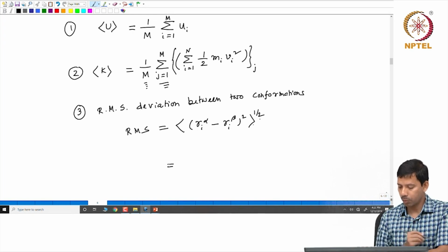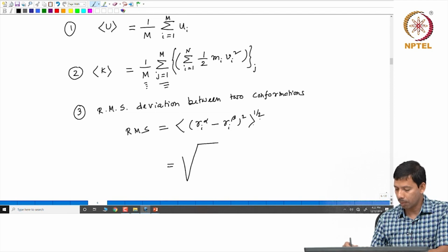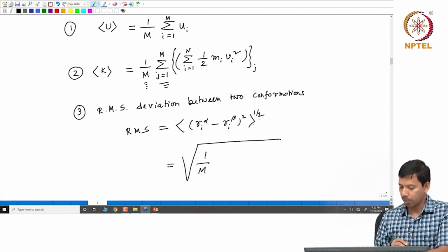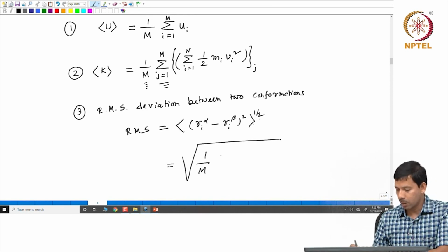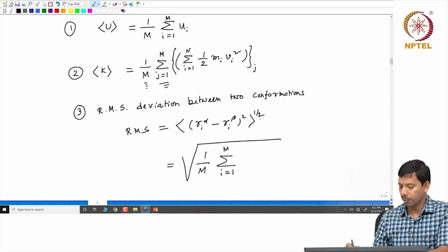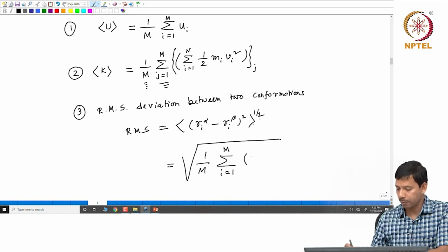To get it, I again have to make use of my time average: 1 by m, where m is my number of microstates, sum over i equals 1 to m of (R_i alpha minus R_i beta) to the power square.